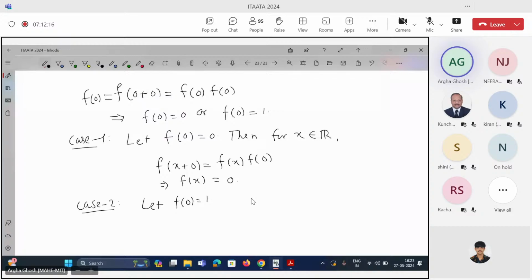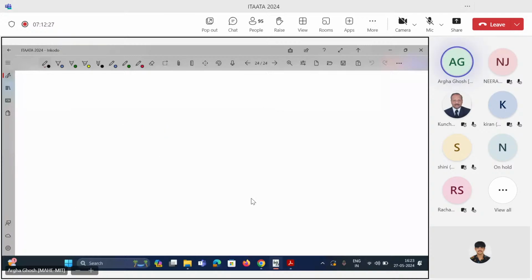We're not going to get any specific value of f of 1. But okay, let's see how to approach. No, f of 0 is not 0. f of 0 is 1.